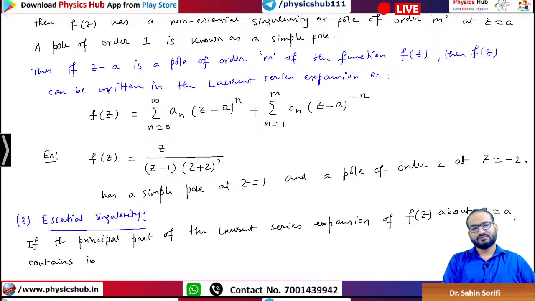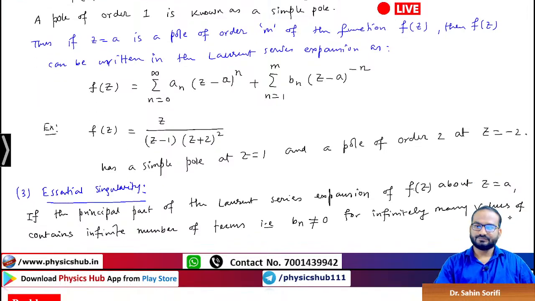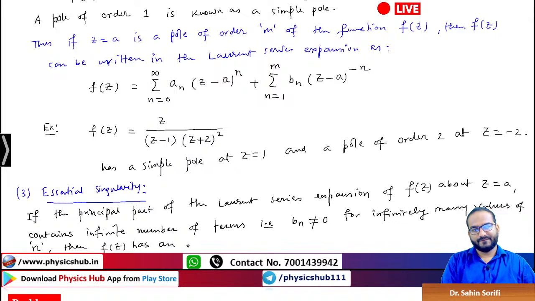Contains an infinite number of terms, that is, Bn not equal to 0 for infinitely many values of n, then f of z has an essential singularity at z equals a.